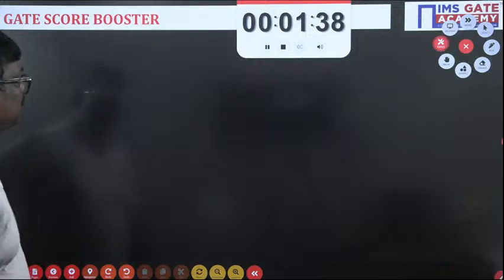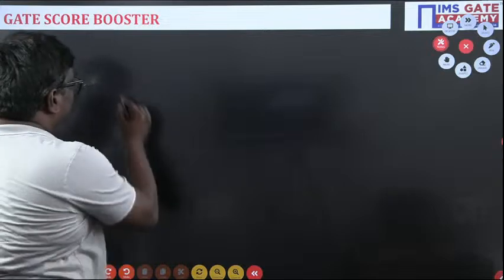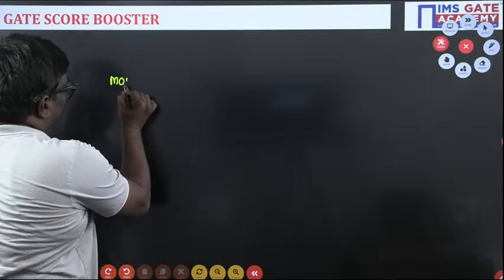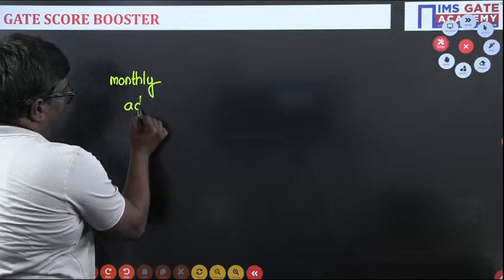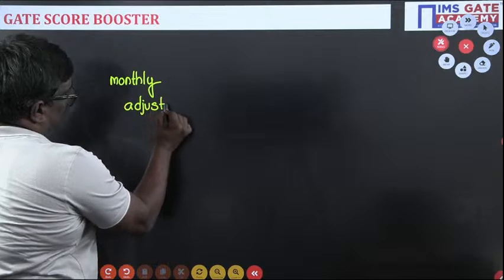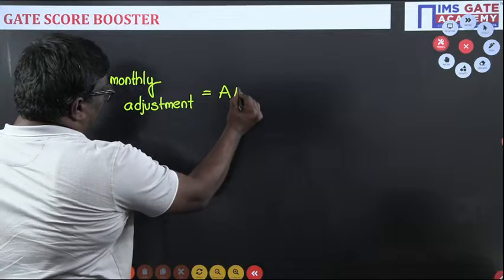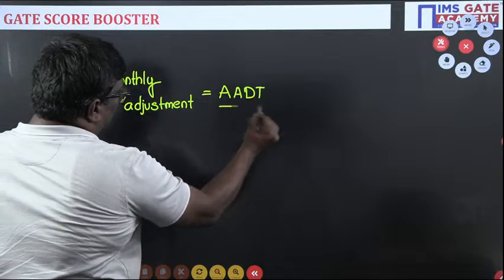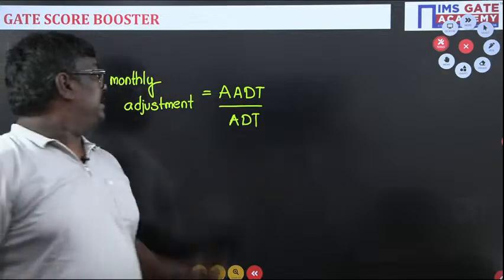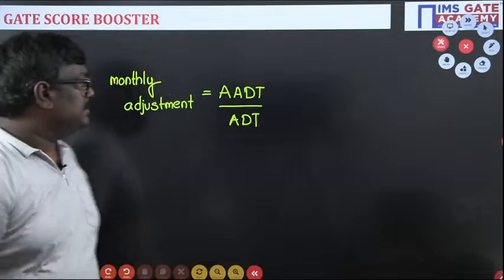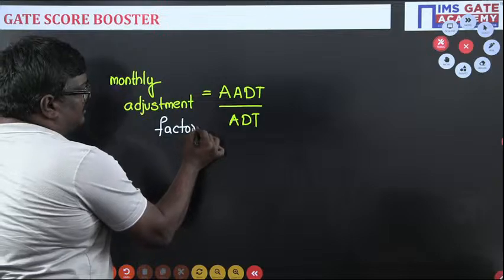Now see students, the monthly adjustment factor can be written as annual average daily traffic upon average daily traffic. The monthly adjustment factor can be written as annual average daily traffic divided by average daily traffic.